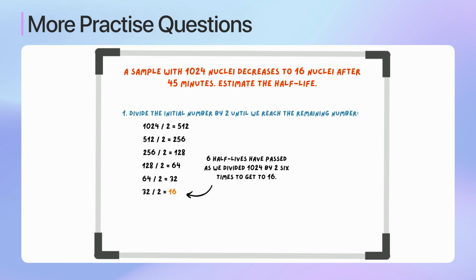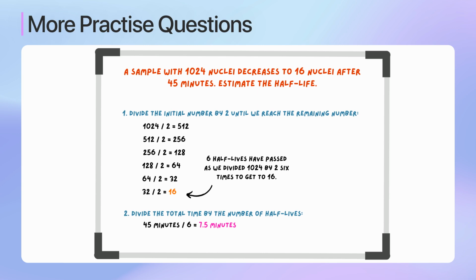Dividing the number of nuclei in the sample successively by 2 gives us 1,024 to 512, 512 to 256, 256 to 128, 128 to 64, 64 to 32, and finally 32 to 16. Hence, 6 half-lives have passed. The total time for 6 half-lives is 45 minutes. Therefore, the time for one half-life is 45 minutes divided by 6, which gives us 7.5 minutes.